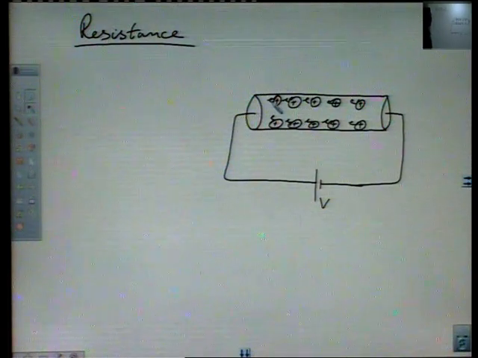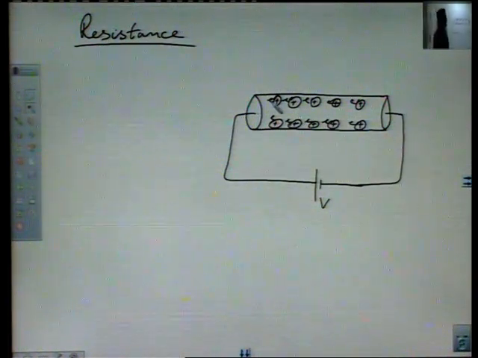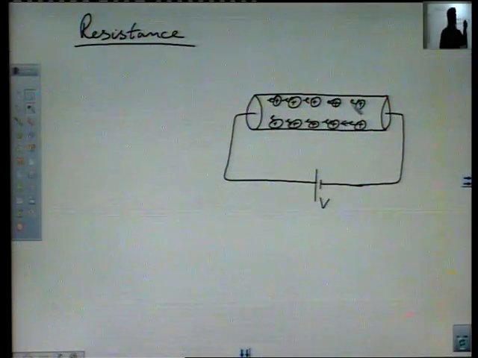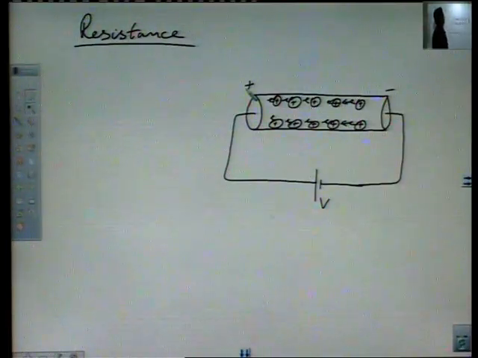So, when potential difference is created across the ends of the conductor, the electrons start moving from the end at low potential towards the end at high potential.